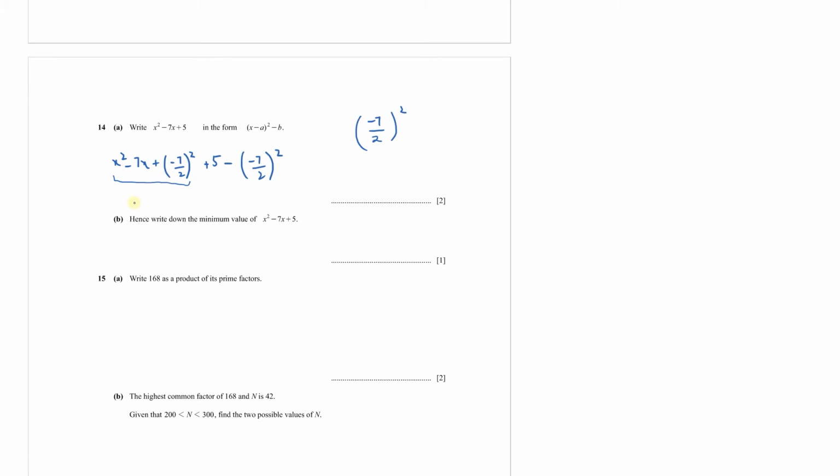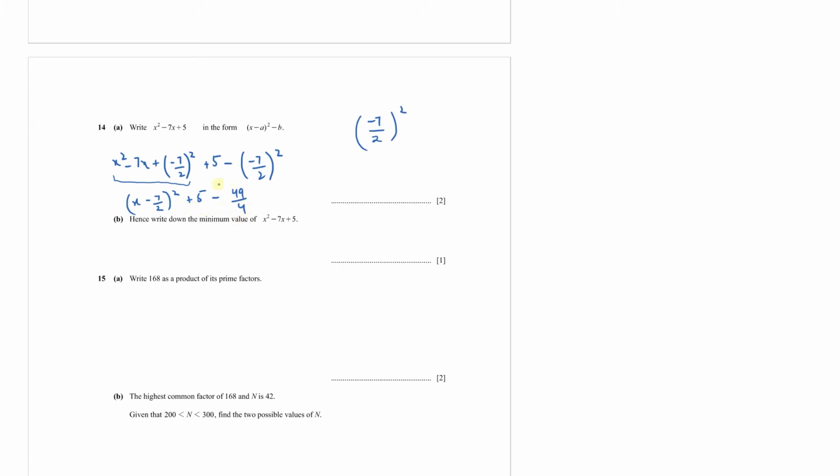I can write this as x minus 7 by 2 whole square. If you expand this using the a square minus 2ab plus b square formula, you will get exactly this expression. And then you have plus 5 minus 49 over 4.